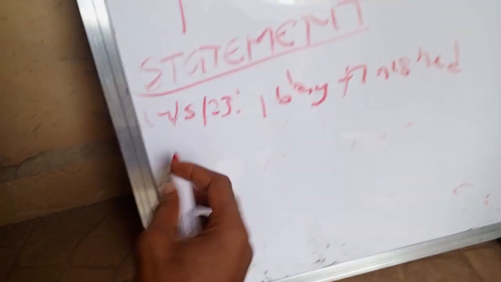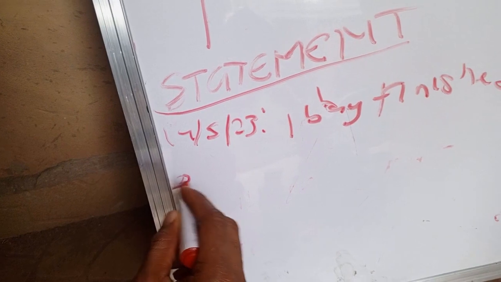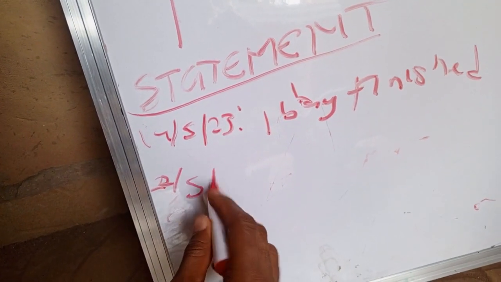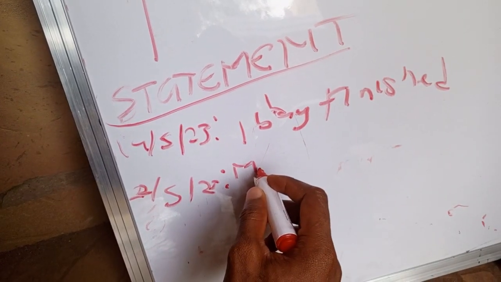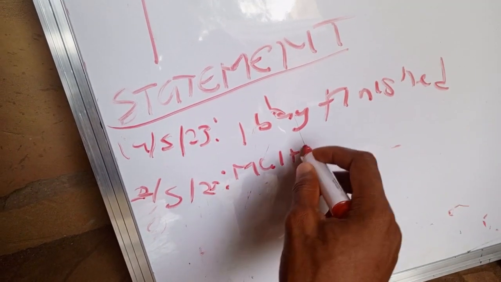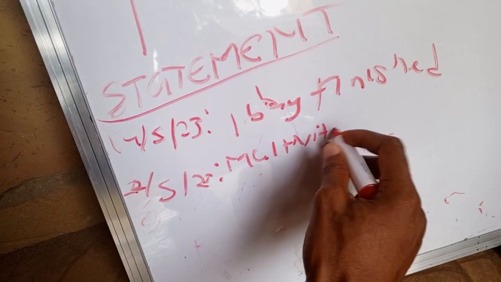Then for these expenses, when did the multivitamin finish? We also write a statement on 22/5/2023: multivitamin finished.